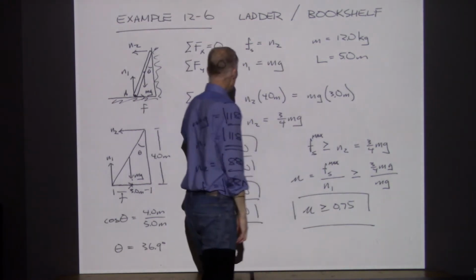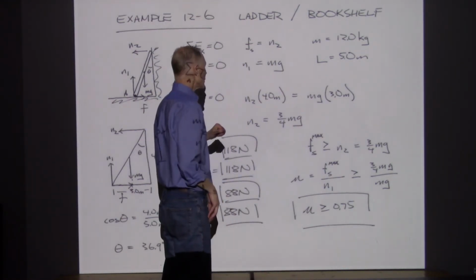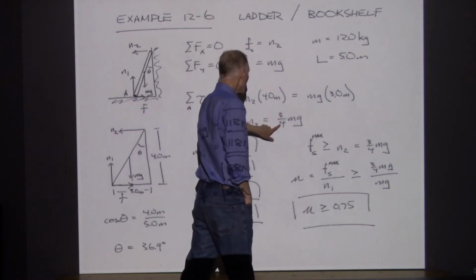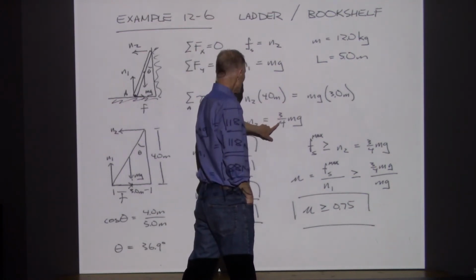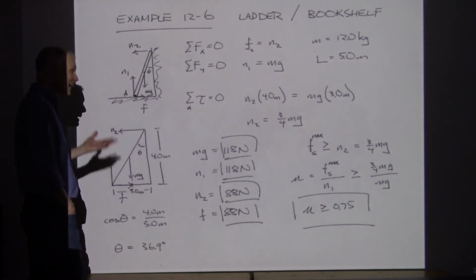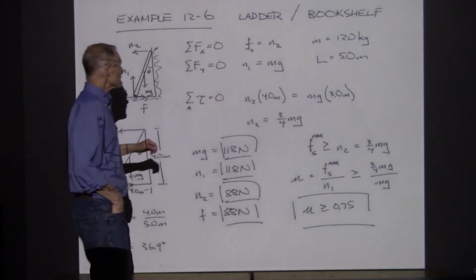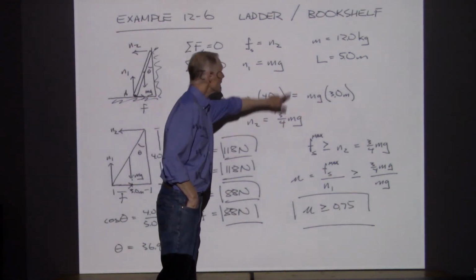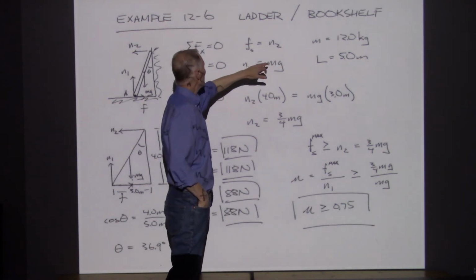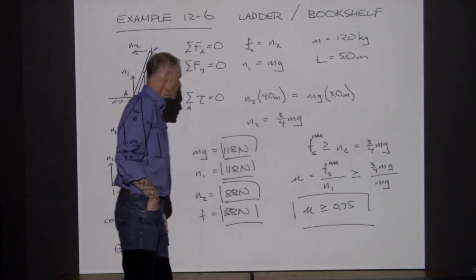So what's going to happen here is N2 is going to be equal to not 3/4, but 3/8. So it looks like N2 needs to be 3/8 of mg. Since we know what mg is, the mass is 12 kilograms, we can go in and calculate what N1 is going to be.